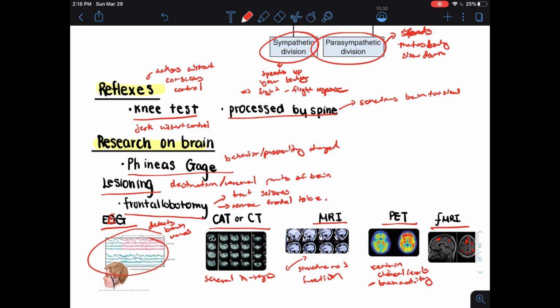And then there's the fMRI, which is the functional MRI, and it combines MRI and PET scan. It shows the details of the brain structure with information about blood flow in the brain, tying together brain structure plus cognitive tasks.